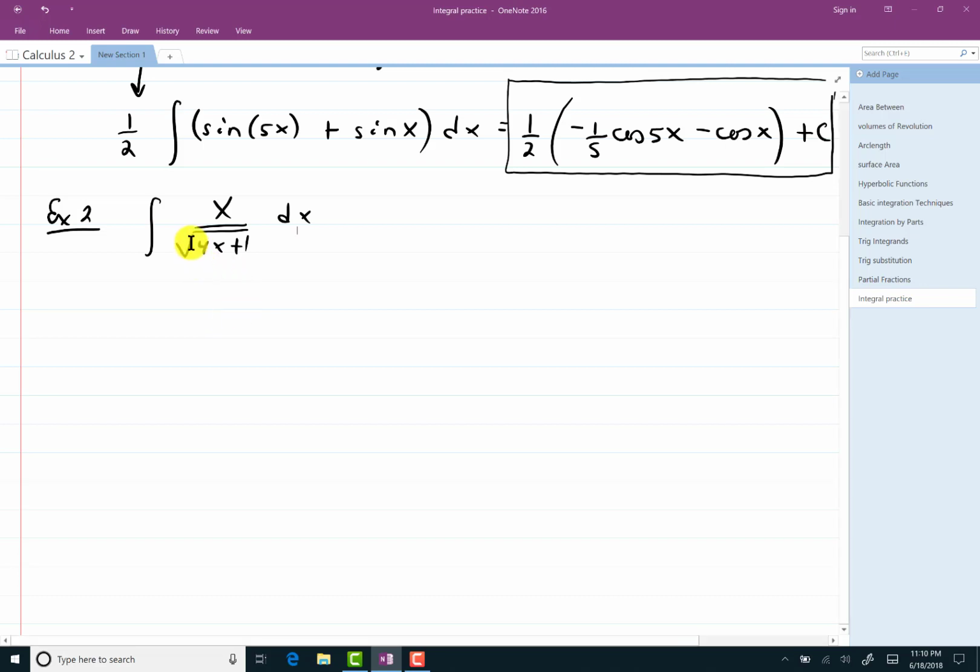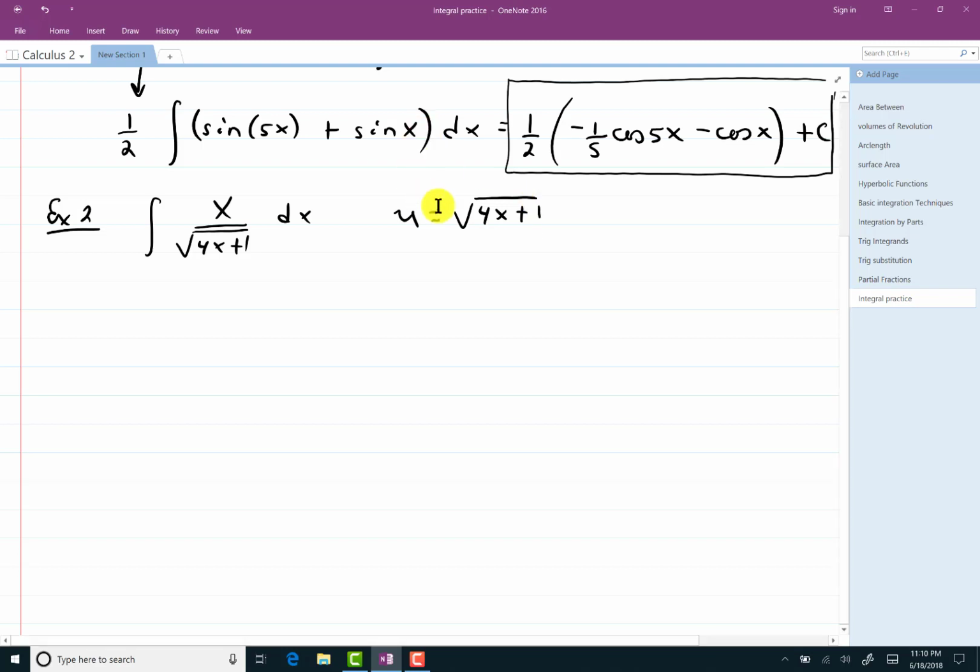Okay, so you can let u be either that piece or the square root of that piece. I think I'm going to let u equal the square root because I think a good practice is to let u be as large a thing as possible to get the job done.